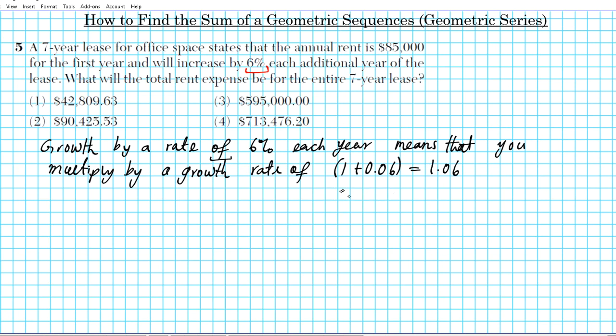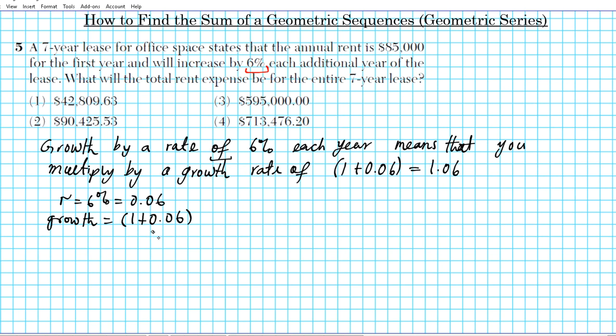So we're going to be multiplying by 1.06 every single time because the rate was 6%, which is equal to 0.06 in decimal form. Since it's growth, you multiply by 1 plus the growth rate. If it were decay, it would be a subtraction.